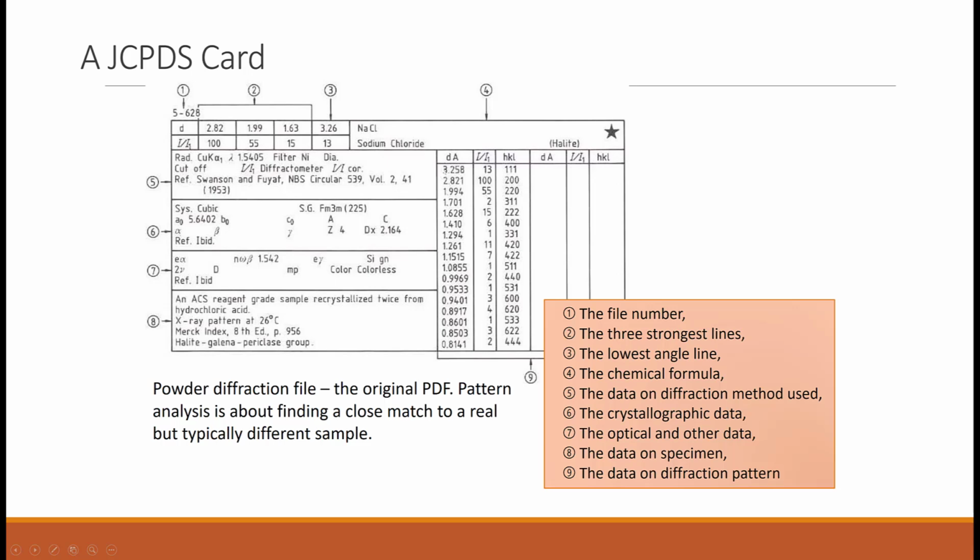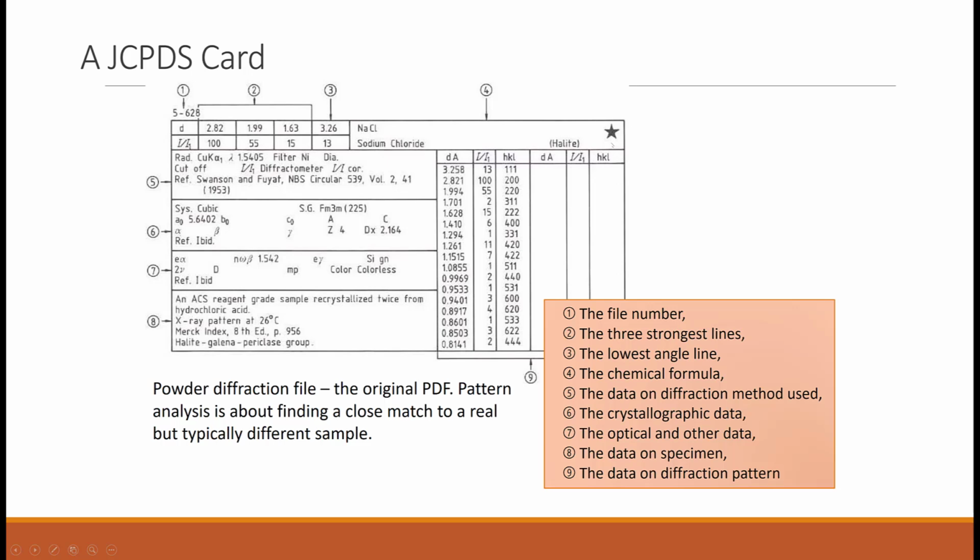It does tell you the d-spacings involved and their intensities that you'd expect on a relative scale. In other words, for this particular card of NaCl, sodium chloride, halite being the mineral name, the strongest peak is this one with a spacing of 2.821 between the planes. And that corresponds to a Miller index of 200.